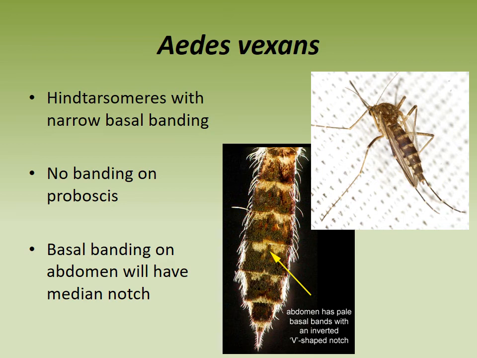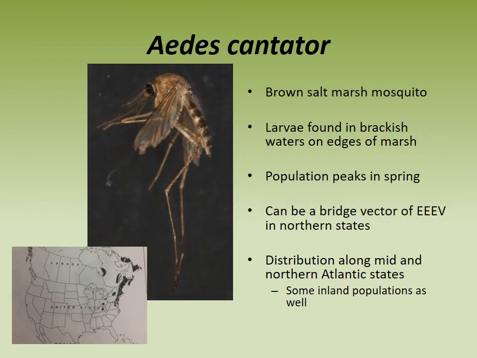The basal banding on the abdomen will have this median notch, this W shape. So as you can see, the basal banding on the dorsal side of the abdomen has this W shape with this notch. And so when seeing this particular shape, usually it was that species.